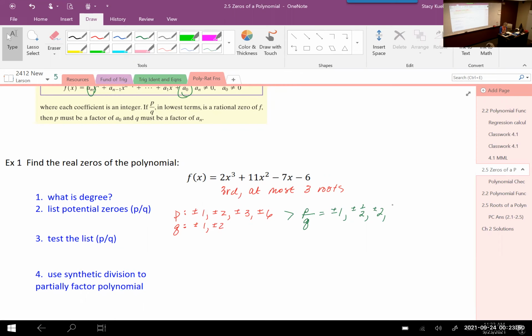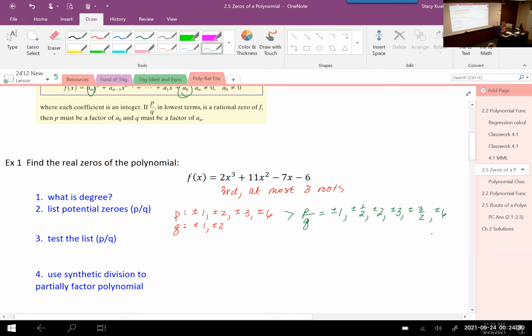Now I do 3 over 1, 3 over 2, 6 over 1, and 6 over 2 is a repeat, so I don't have to use it. So right here, I have a list of all the possible real solutions, roots. These are all the possible roots, plus or minus 1, 1/2, 2, 3, 3/2, and 6. These are all numbers that could potentially be roots, okay? And hidden inside of this list is a root.